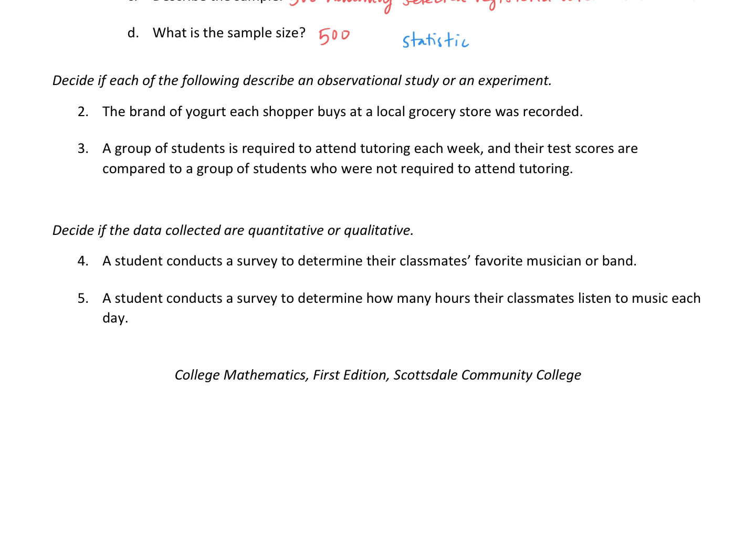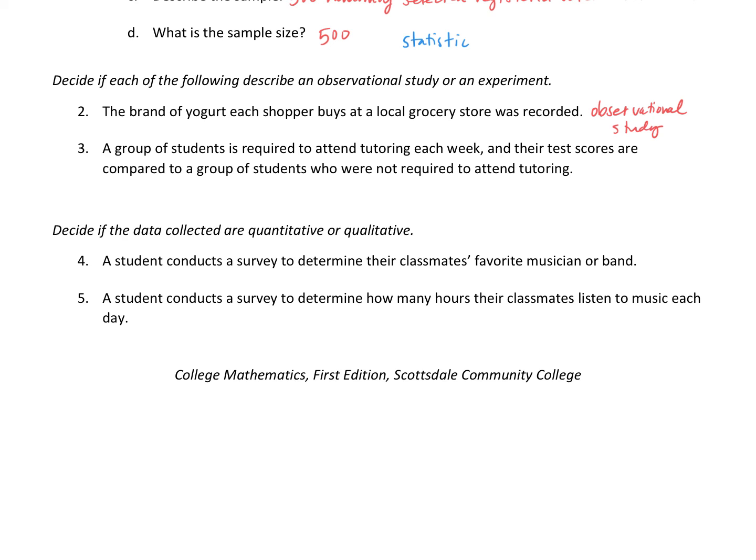Okay, so number 2 and 3, we're trying to decide if it's an observational study or an experiment. The brand of yogurt each shopper buys at a local grocery store was recorded. So from that, you're not doing anything except recording what they buy. You're not asking them to buy anything. You're not intervening in any way. So since you're not intervening in any way, this is just an observational study.